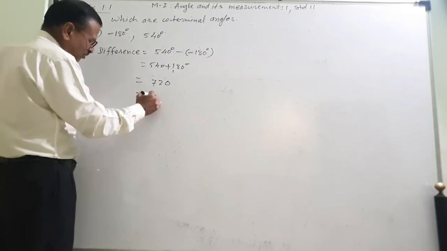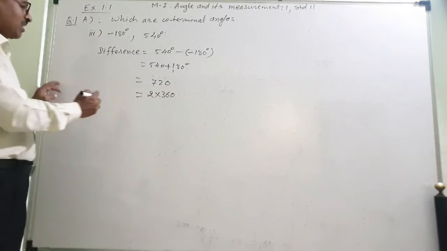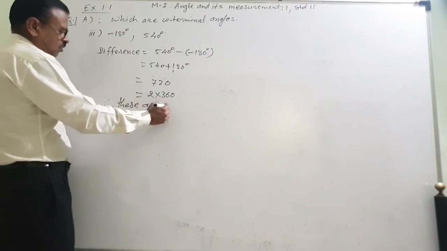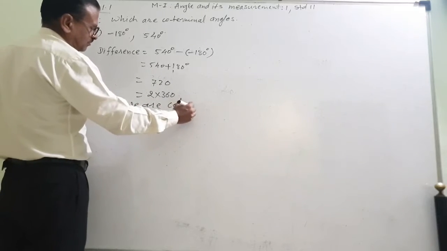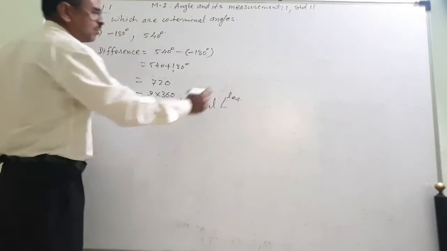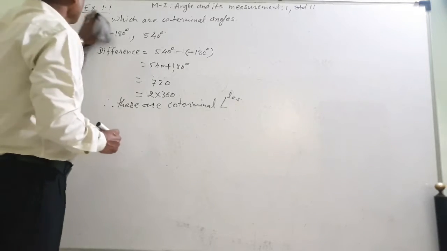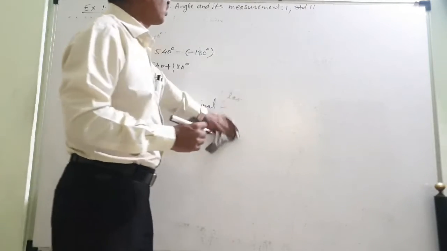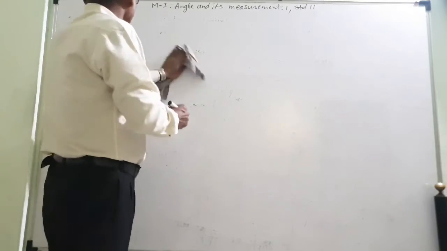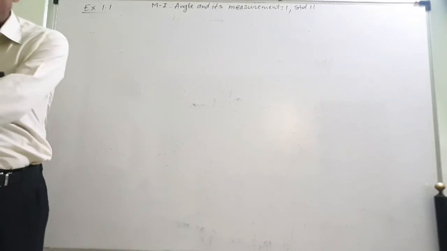That is nothing but 2 into 360, a multiple of 360. Therefore, these are coterminal angles. Hope that now you have understood the concept. This is all in this question. I am not going to give much time for such simple topics. Only the idea I will give, and the remaining work you can do.